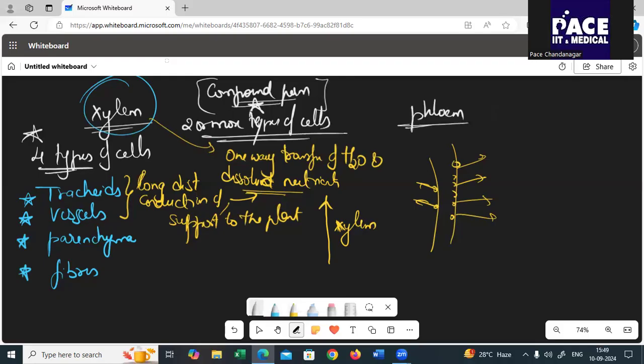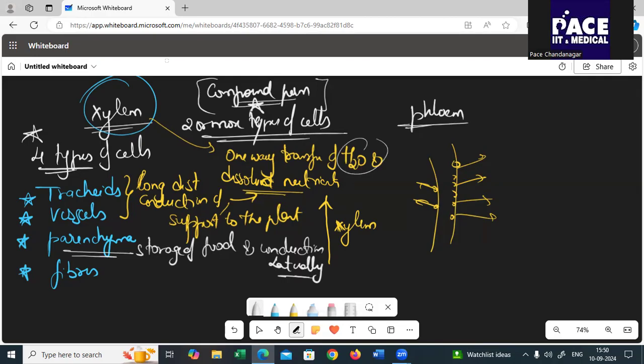Then parenchyma, which we have just discussed, is all about storage of food and also lateral conduction. Laterally means it is not just one way towards the top end; there is lateral conduction of water and the dissolved minerals, because minerals are dissolved in water, only then are they transported.